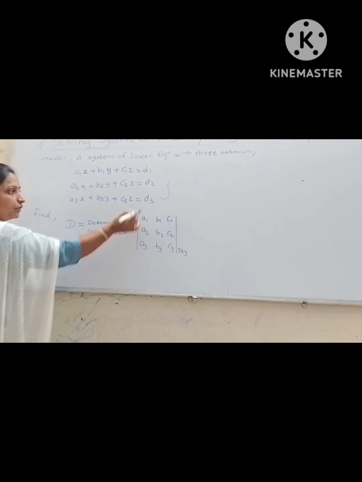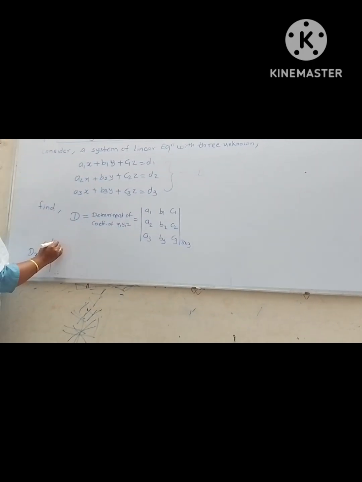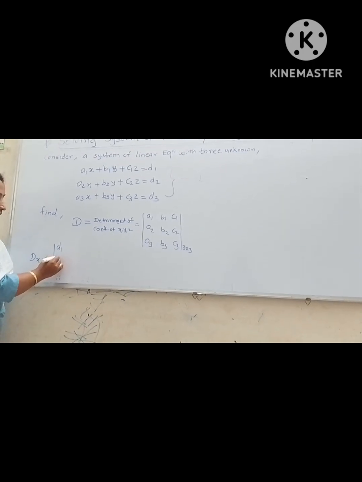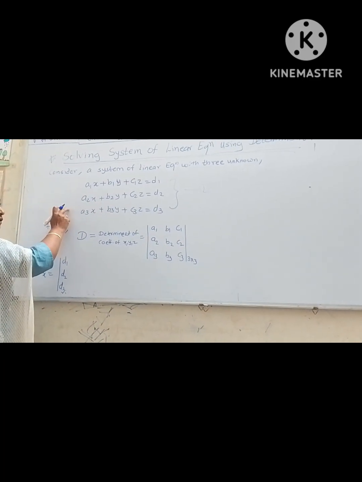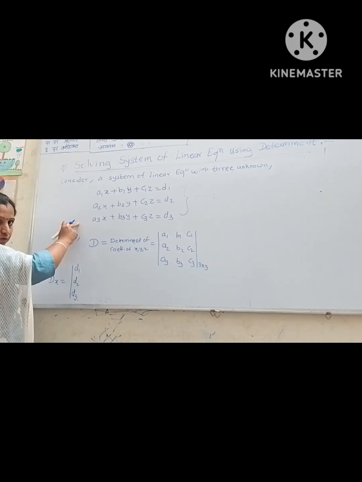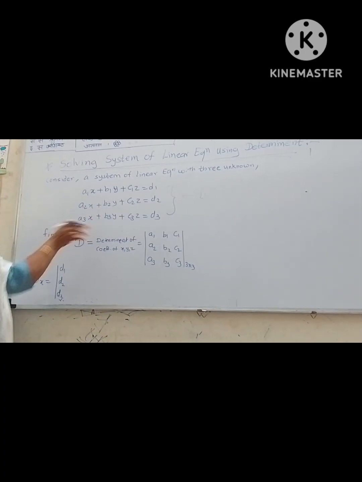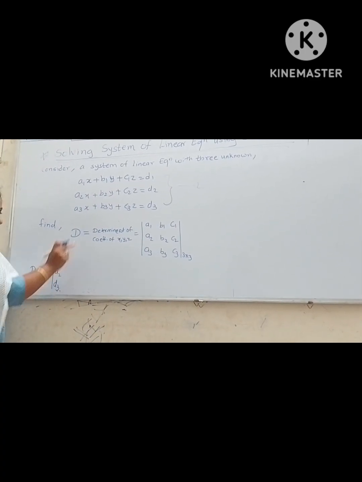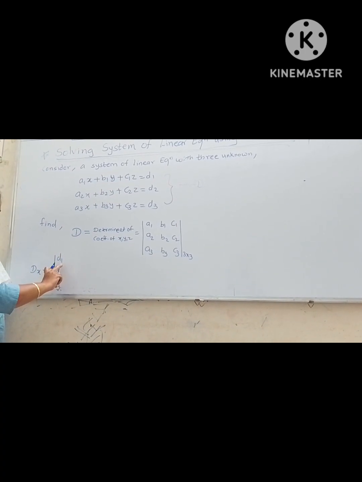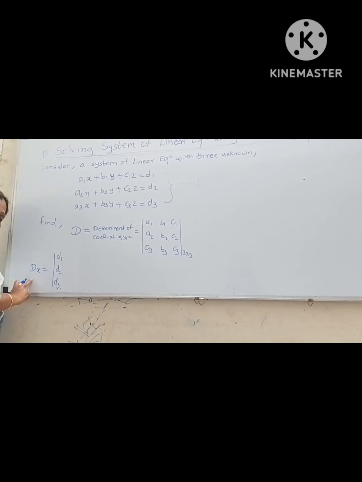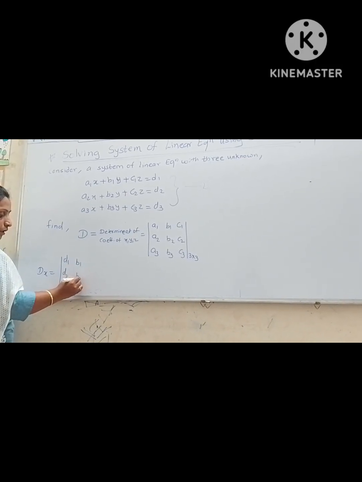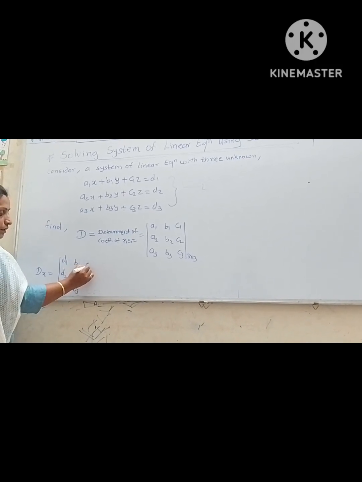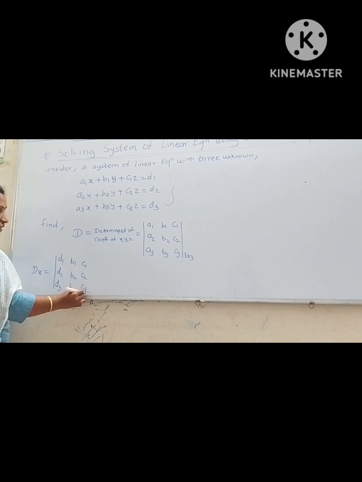Instead of a1, a2, a3, write d1, d2, d3, the constants on the right hand side of the equations. Once we replace a1, a2, a3 by d1, d2, d3, we get determinant Dx. The remaining elements stay as they are: b1, b2, b3, c1, c2, c3.